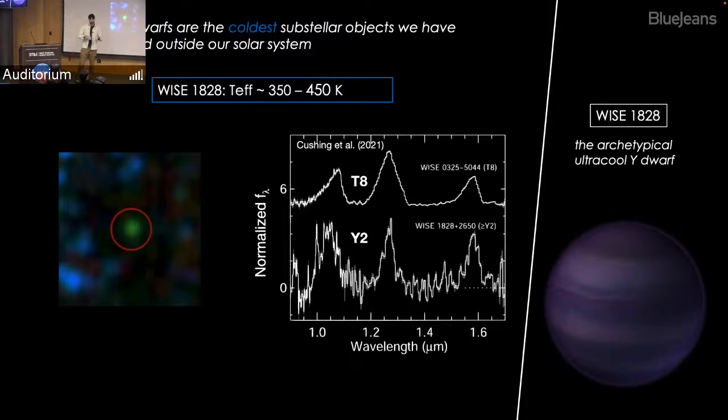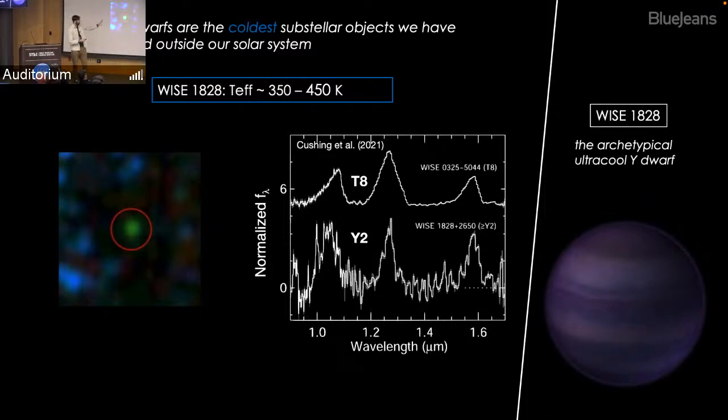They are dominated by methane and ammonia. So the predominant change from the previous spectral type is really that ammonia dominates everything. And this is now a temperature of 350 to 450 Kelvin. This is getting very interesting.